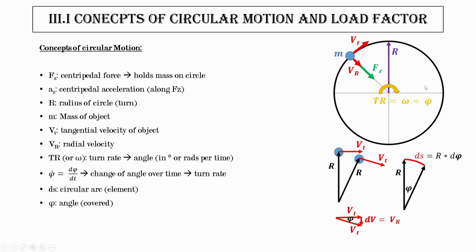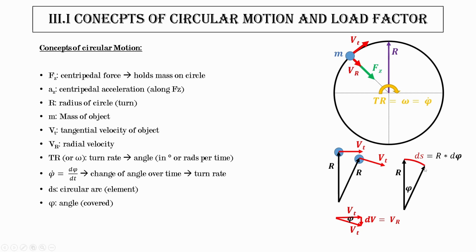We assume that the circle has a constant radius, so at time t0 we are here at the distance of radius r from the turn center, and at time t1, which is just a very short time after that, we are here still at radius r, distance from the center, and that means we've covered this arc.